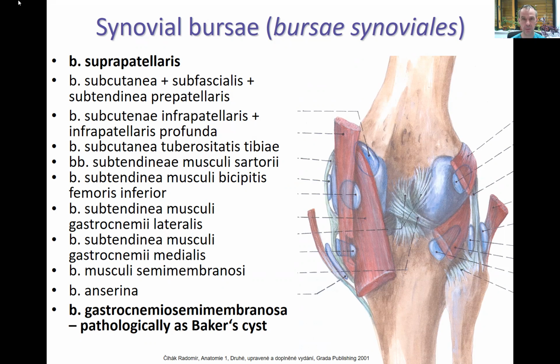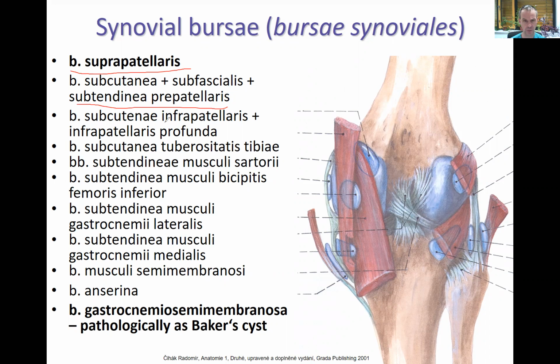We have already talked about the subpatellar bursa, and the suprapatellar bursa, which extends the suprapatellar recess. Then we have bursae located in front of the patella, and there are two, subcutaneous and subfascial, and they can be inflamed during prolonged kneeling.